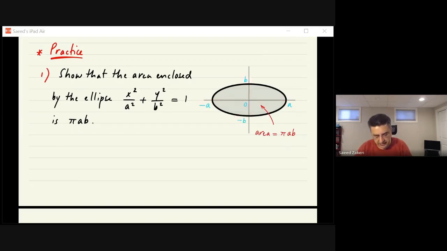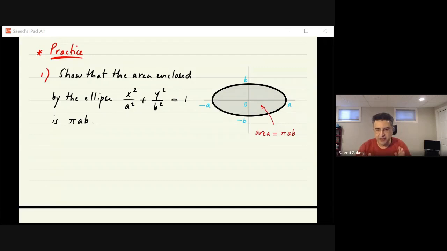Such an ellipse has this Cartesian equation, x squared over a squared plus y squared over b squared equals 1. We want to show that the area of this ellipse is pi times a times b. Now, in the very special case where a and b are equal, this ellipse reduces to a circle of radius r, and this formula becomes pi a squared.